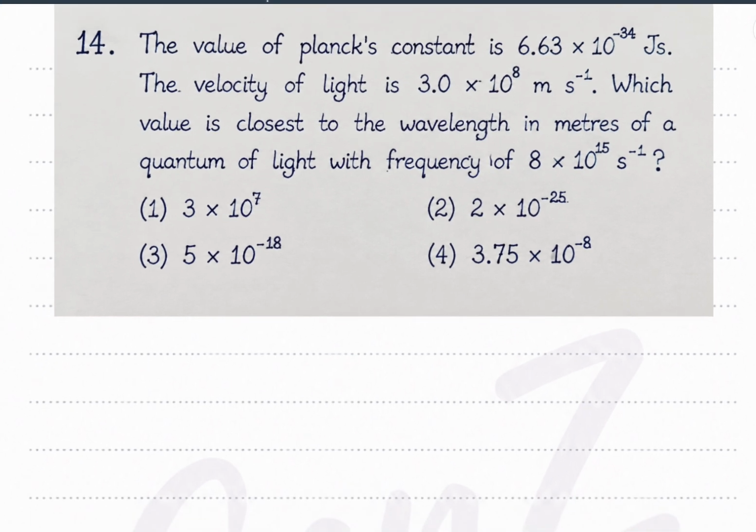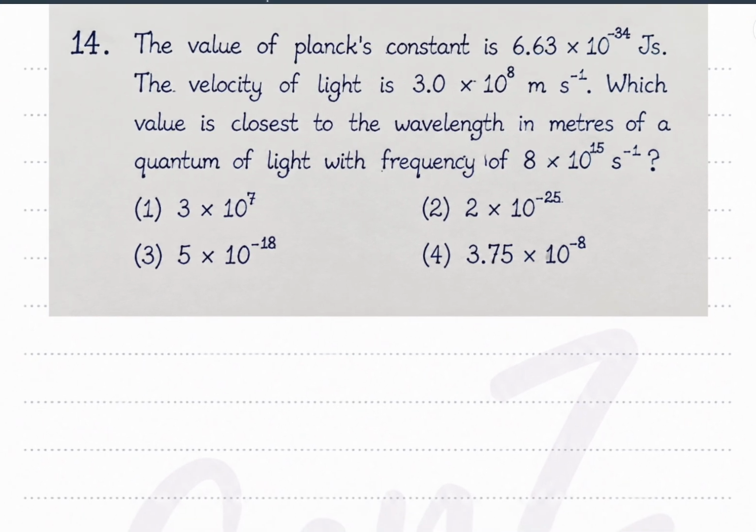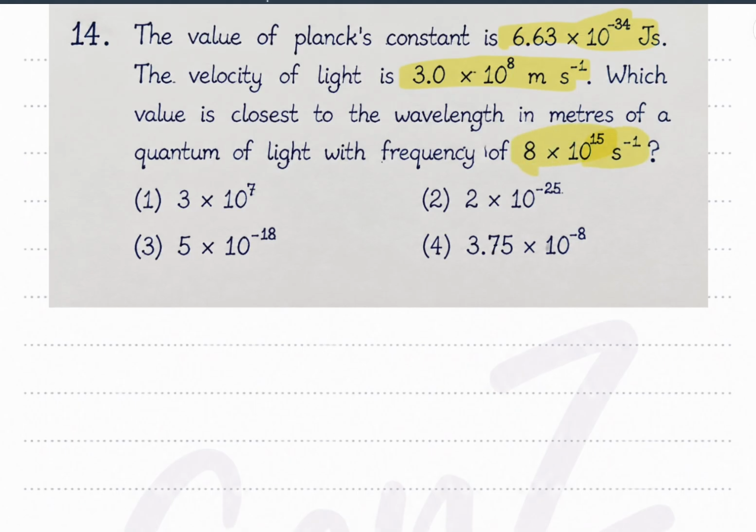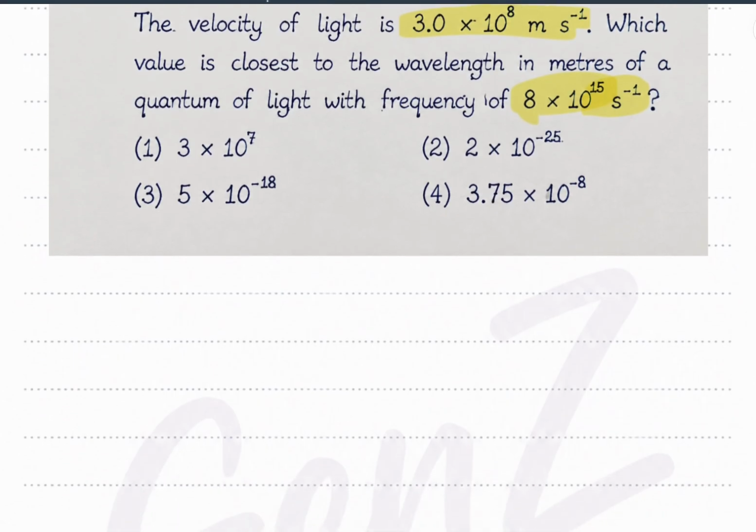The value of Planck's constant is 6.63 into 10 power minus 34 joule second, and the velocity of light is 3 into 10 power 8 meter per second. Which value is the closest to the wavelength in meters of a quantum of light with frequency 8 into 10 power 15? Let us see here. The question is asking regarding wavelength.